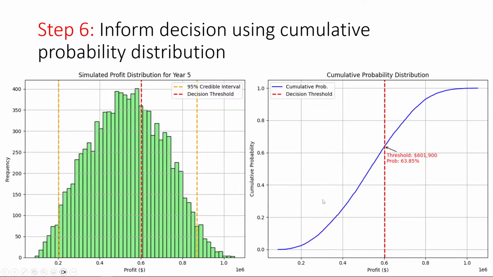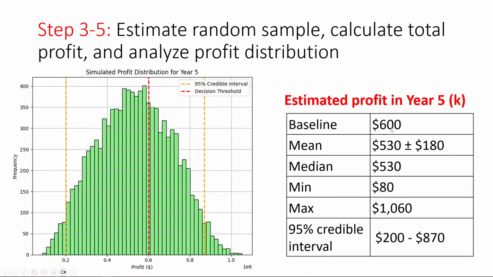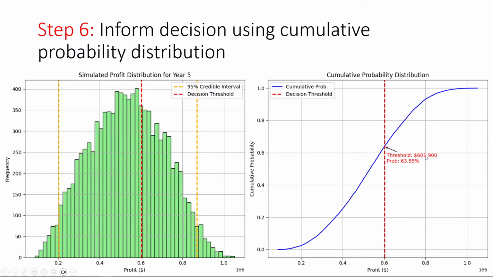Now, what is the probability? The last thing you can do is the cumulative probability distribution. Here is the cumulative probability distribution, and at this nominal cost, which we calculated here, $602 or whatever, the probability is about 63%.